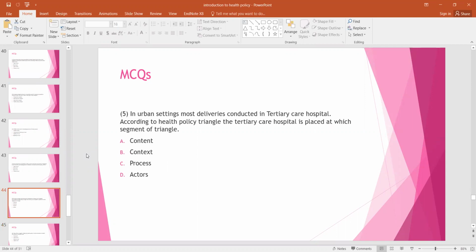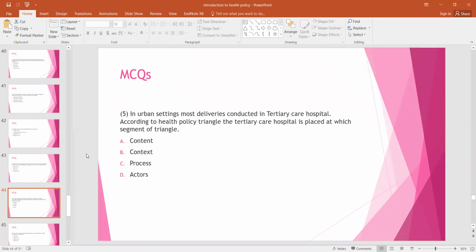In an urban setting, most deliveries are conducted in tertiary care hospitals. According to the health policy triangle, the tertiary healthcare hospital is placed at which segment of the triangle? Content, context, process, actors. B, context.